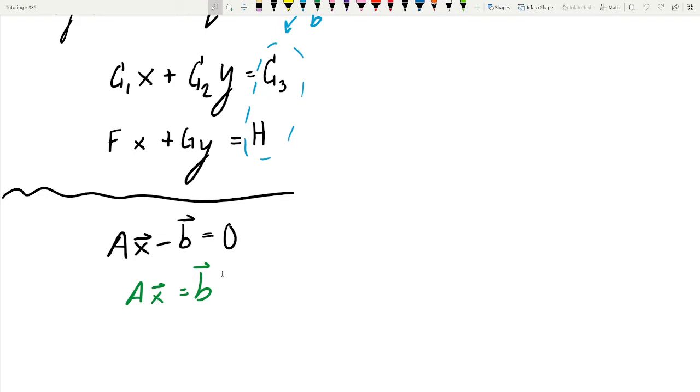If you just want to look at it to do it really fast, we can just look at this left-hand side here, and in the notation of this equation, your constants in front of the variables are always going to be A. So that means A is equal to c1, c2, f, and g in this example.